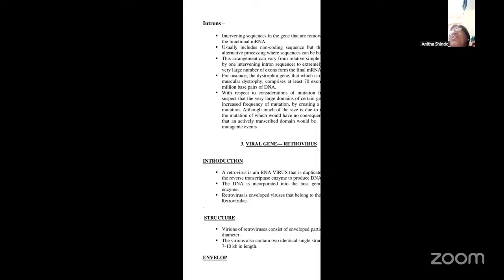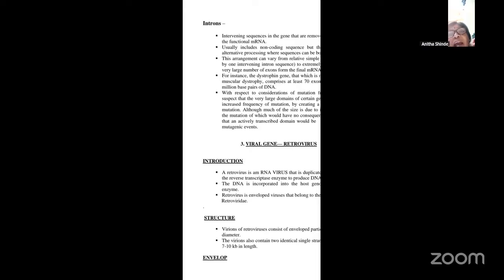You all know the genetic material, with reference to prokaryotes, eukaryotes as well as viruses. In the prokaryotes, what is the genetic material? DNA or RNA? It is DNA. With reference to the eukaryotic organism, the genetic material is also DNA. But in plants, it is RNA.